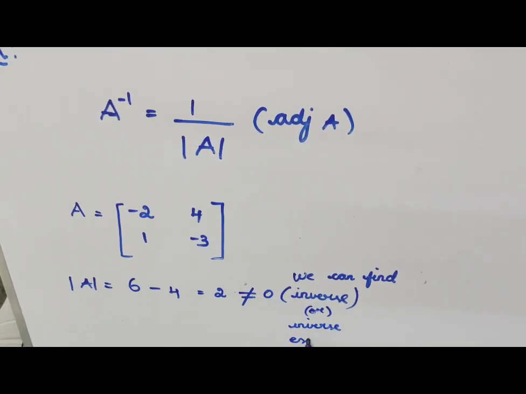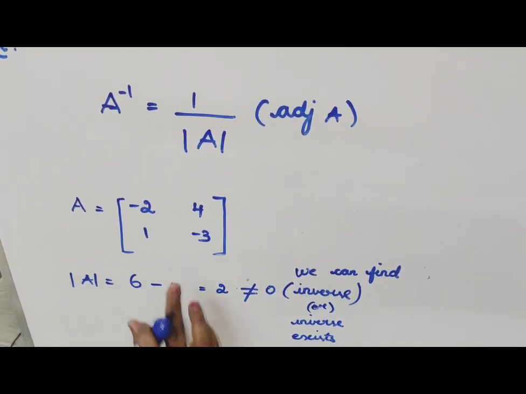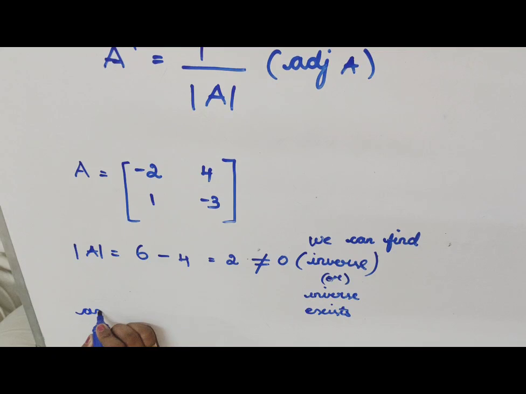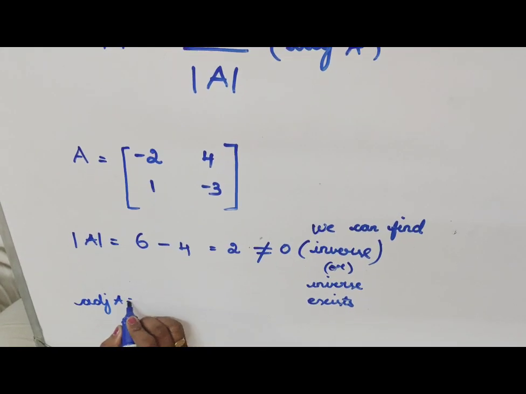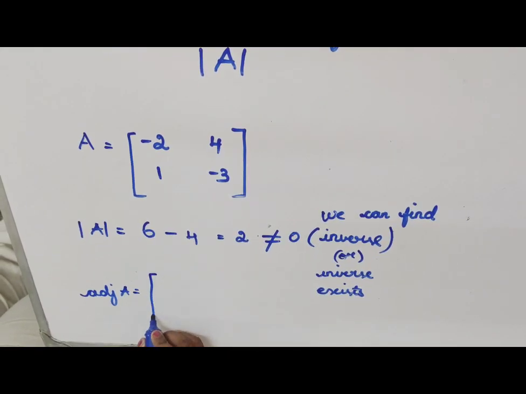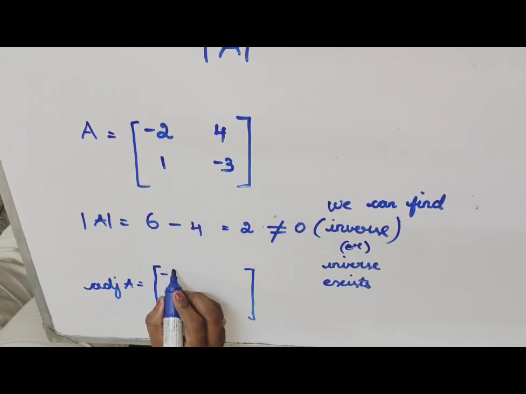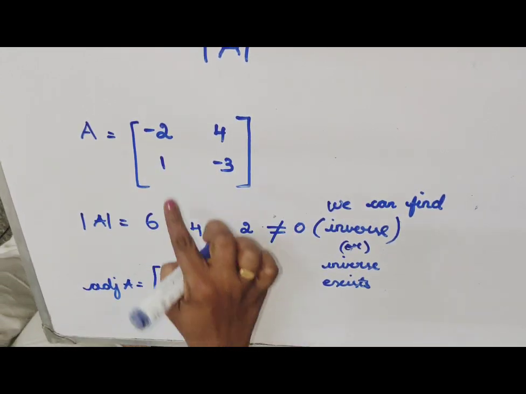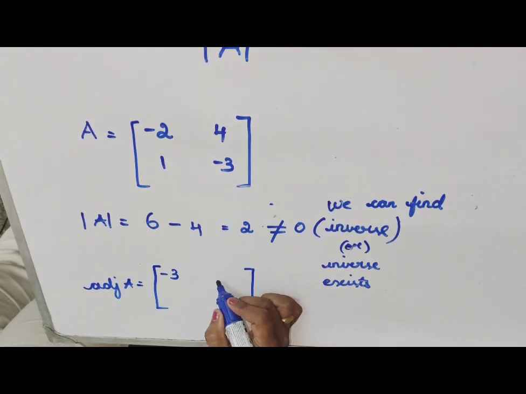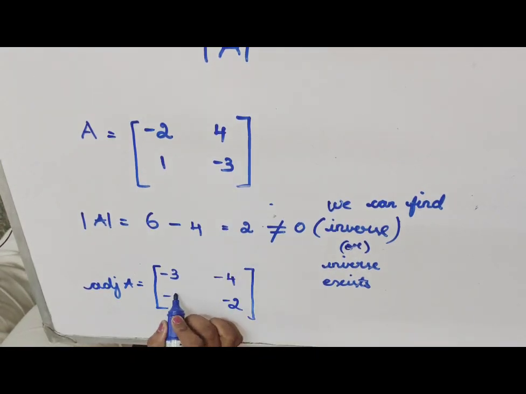Now we will find the adjoint A for this 2 cross 2 matrix. Adjoint A equals, we know how to find it: diagonal-wise we swap the elements, minus 3, minus 2, and on the other diagonal we change the sign, that is minus 4, minus 1.